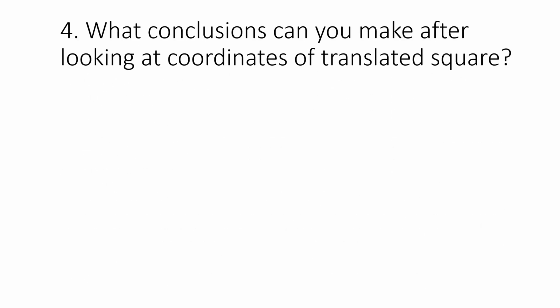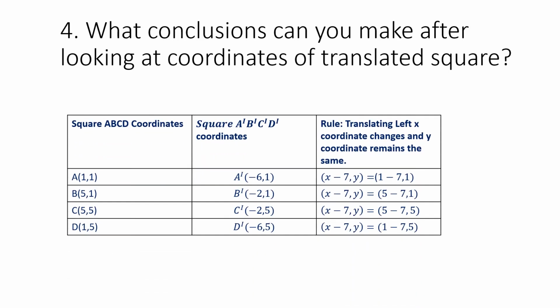So what conclusions can you make after looking at the coordinates of the translated figure? If you look at A and A prime, the y coordinate remains the same, only x is changing. So it means translating left, we are changing the x value. By how much? In A, the x value is 1, and A prime x value is -6. So we say it's changing by -7.